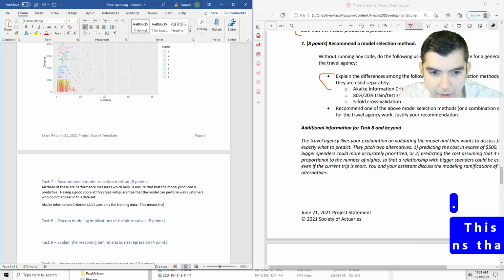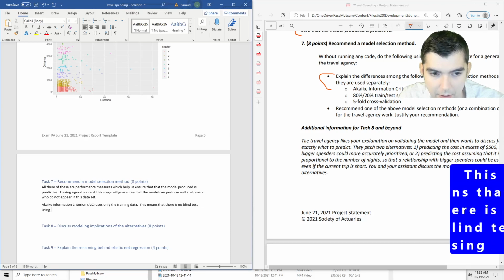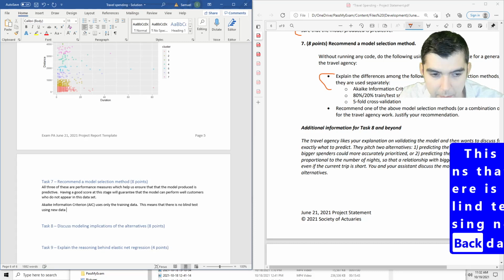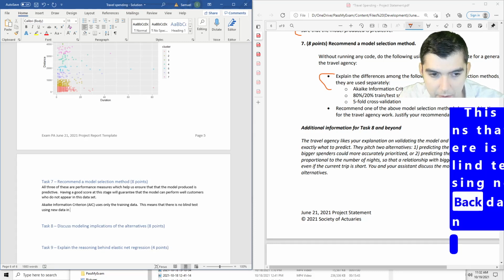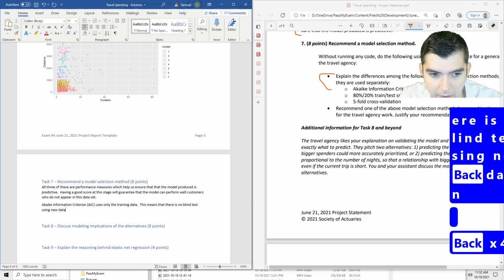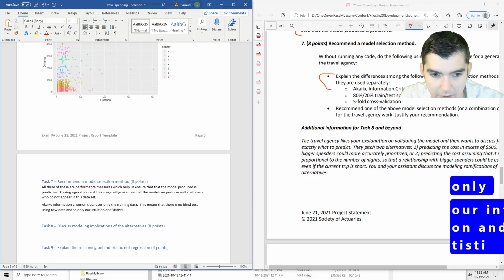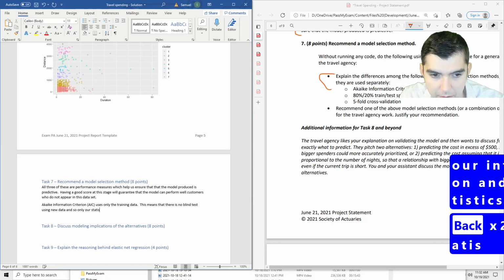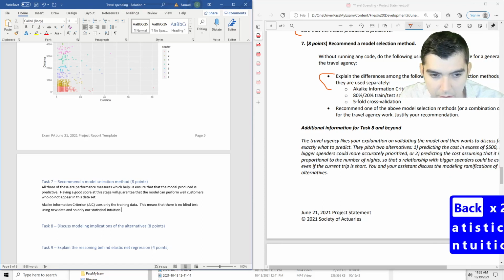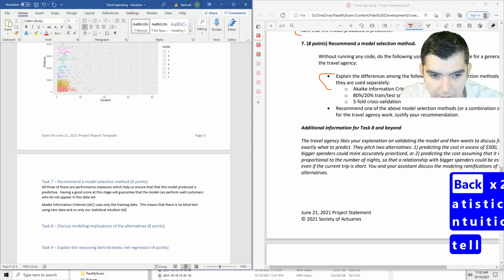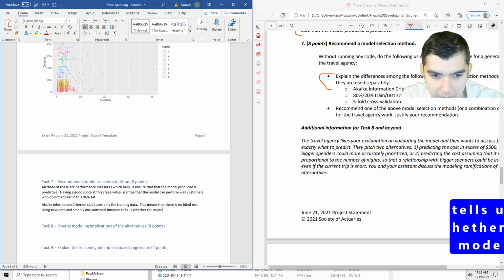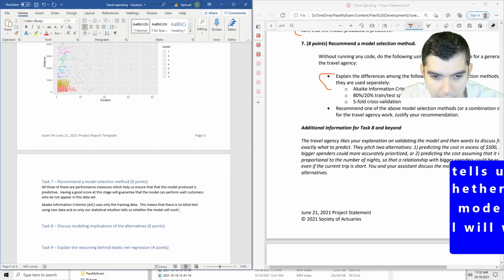This means that there is no blind test using new data, and so only our intuition and statistics tell us whether the model will work in real life.